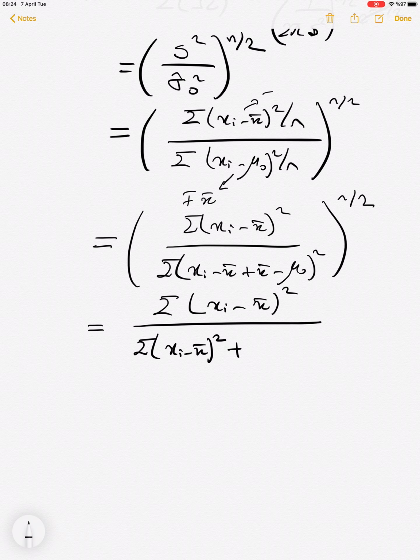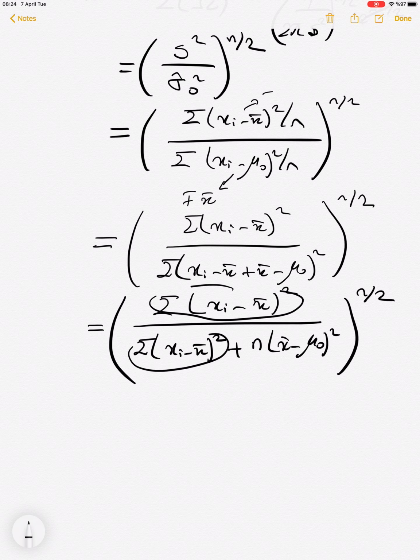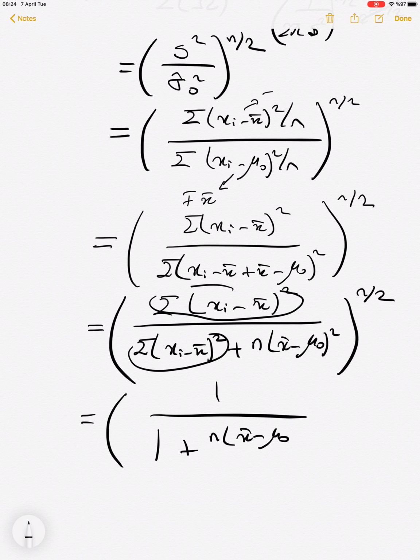So we will end up with n times (x bar minus mu 0) whole square. Getting rid of the summation x_i squares and getting a more compact form, we have 1 plus n times (x bar minus mu 0) square over summation (x_i minus x bar) whole square, and over 2.